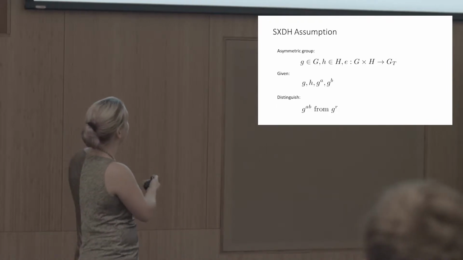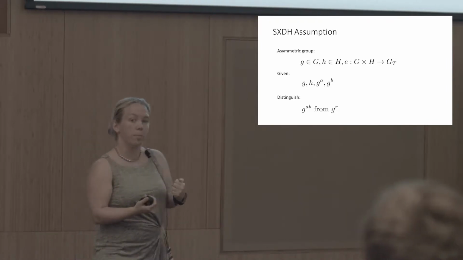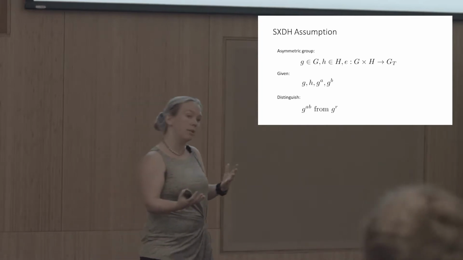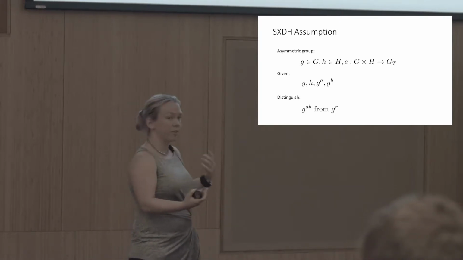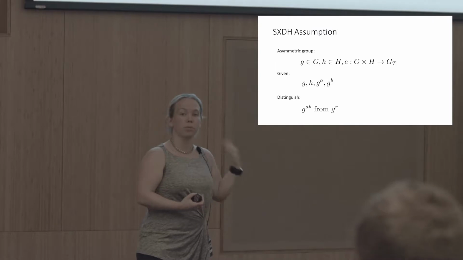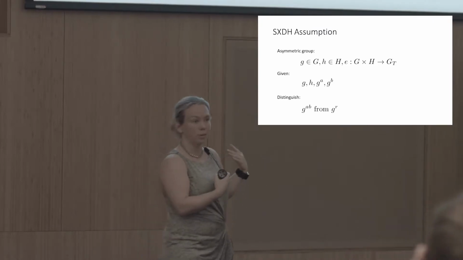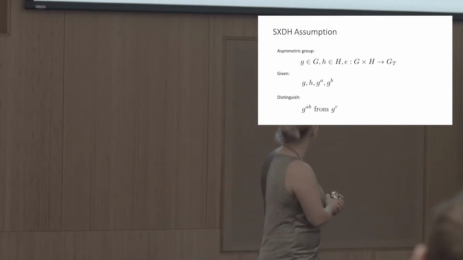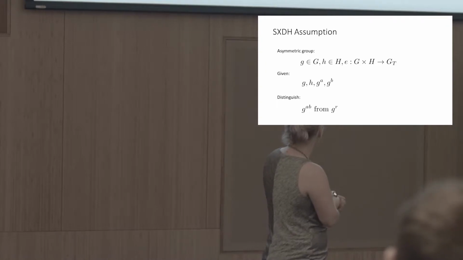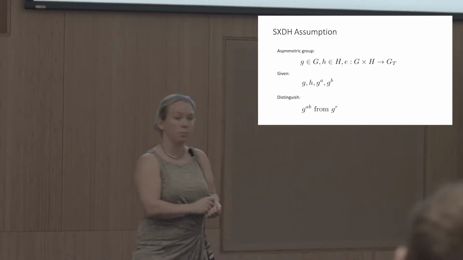So notice here that this pairing operation only allows you to multiply something in G and something in H in the exponent, and does not allow you to multiply 2 things from the same group, which is why it's plausible in these settings that this quadratic term in the exponent, a times b, is still difficult.